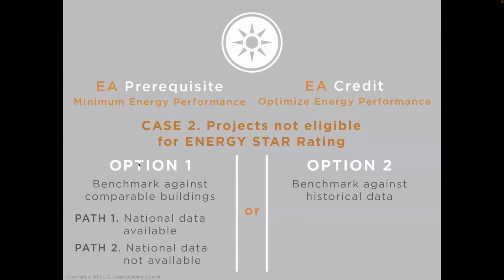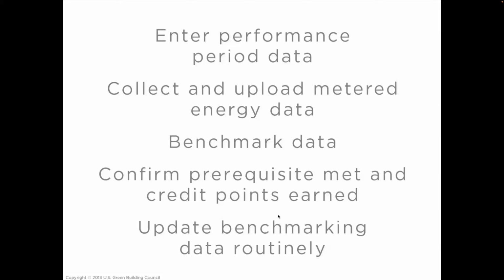So again, you're entering performance data, which is your billing data for every electrical meter you have, all your gas meters, and any other kind of fuel that you have. Then you upload it, you get your benchmark data, and you confirm it's met. They had a score of 89, so they clearly met the prerequisite, and then they compared it to get their points. Then you update benchmarking data routinely.